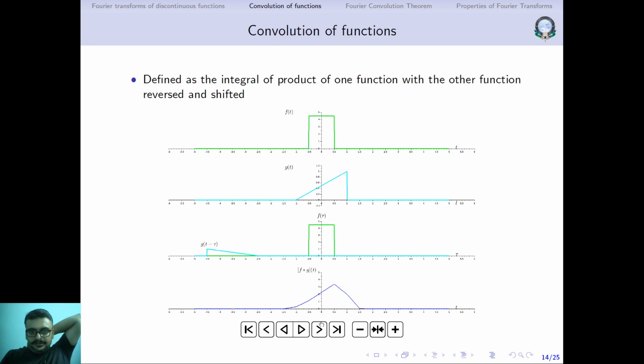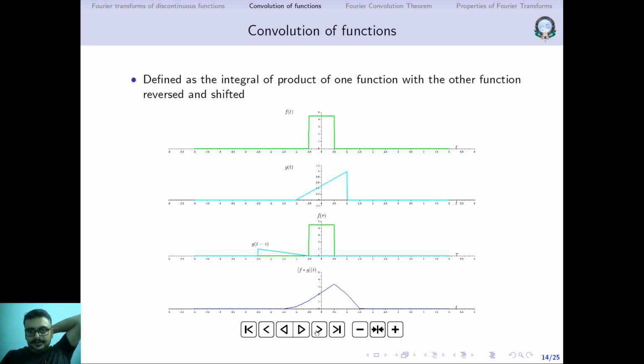Now I shift this. Again there is no overlap between them, so the product will still remain 0 and the integral will also be 0. I shift some more, again the same thing, no overlap, so the integral will be 0 again. So we have the 0 value here.